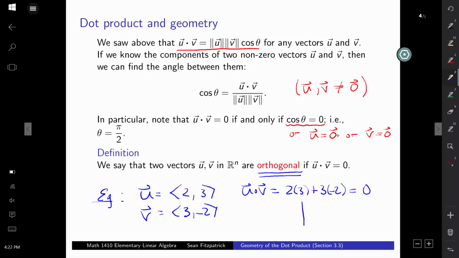So these are indeed vectors that are orthogonal according to this definition. If we were to plot these, u would be here. That's a pretty bad arrow. v would be down here, and the angle between them is indeed a right angle.